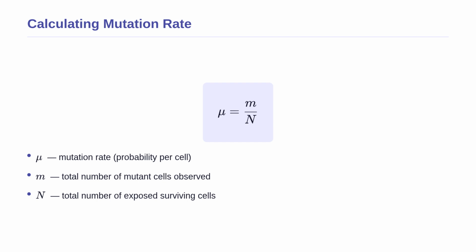The letter m represents the total number of mutant cells observed in the experiment. Finally, the letter n represents the total number of cells that were exposed to the mutagen and actually survived. If the number of mutants, m, increases, while the surviving population, n, stays the same, the mutation rate, mu, increases, indicating a highly effective or dangerous chemical mutagen.